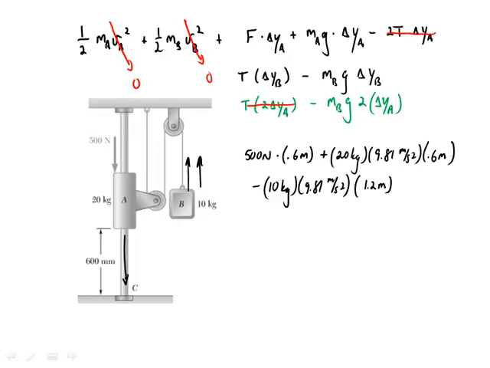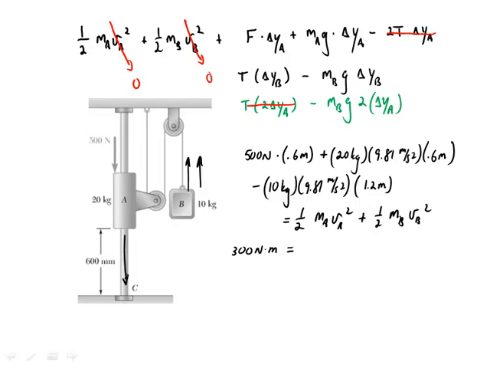That's going to be the net work done by all of the external forces. And this will equal 1/2, remember it's a system, the mass of A, the velocity of A squared, plus 1/2 the mass of B, velocity of B squared. And so when I work that out, the left-hand side becomes 300 Newton meters.